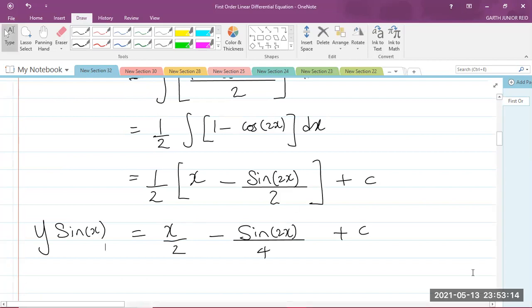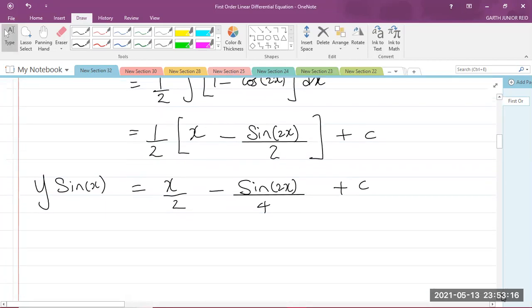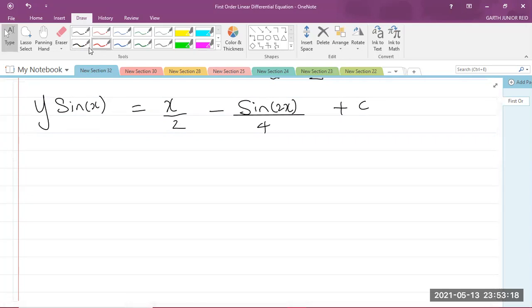So remember now that my aim is to get y as the subject of the equation here. So I can now say that therefore y is going to be equal to, in order to get y by itself on the left-hand side, I'm going to divide both sides of the equation by sine x.